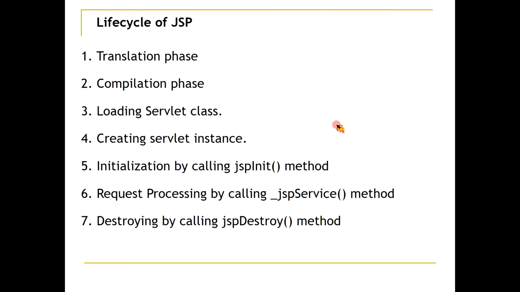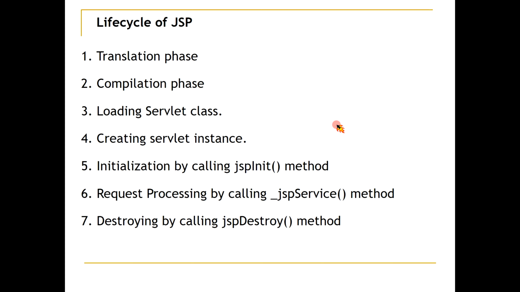Okay, so now this is the life cycle of the JSP. There are 7 phases in the life cycle of the JSP. It starts with the translation phase, then the compilation phase, loading the servlet class, creating a servlet instance, initialization by calling the jspInit method, request processing by calling the jspService method, and the last one is destroying by calling the jspDestroy method.